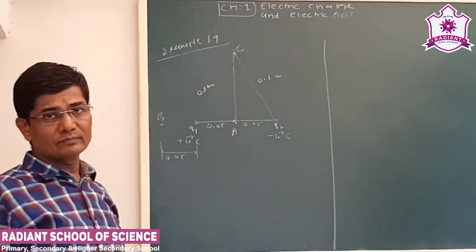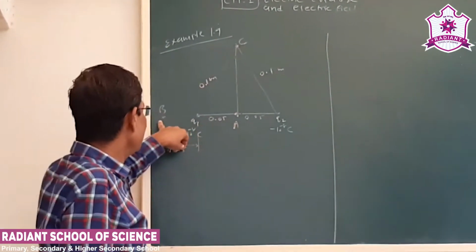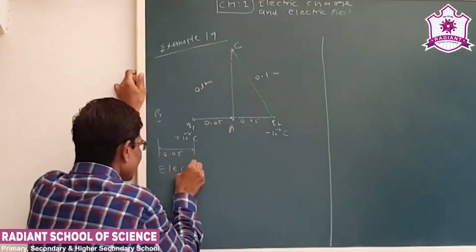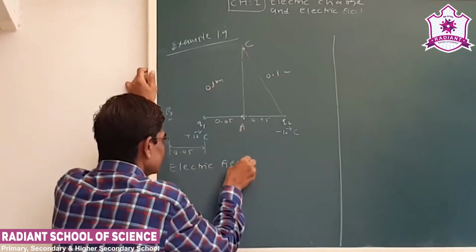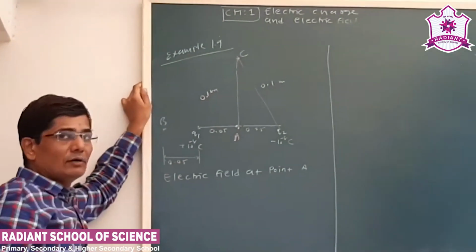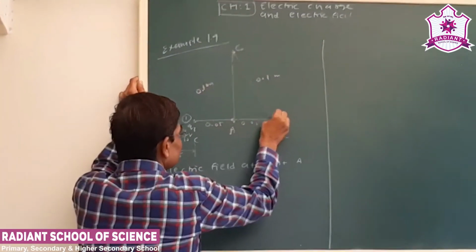We have to find out the resultant electric field at points A, B and C respectively. First, we find out the electric field at point A. For simplicity, we say Q1 is charge 1 and Q2 is charge 2.